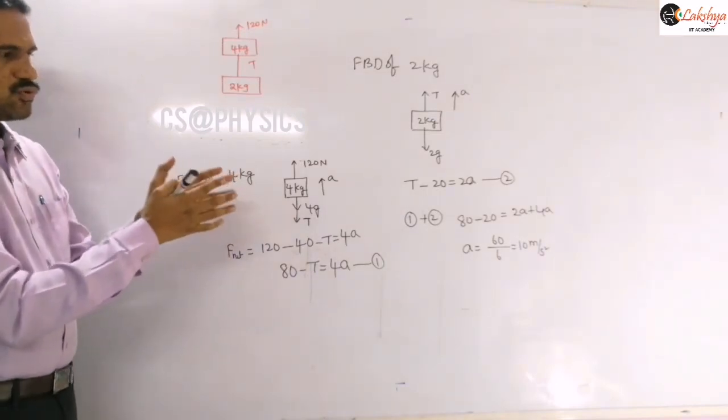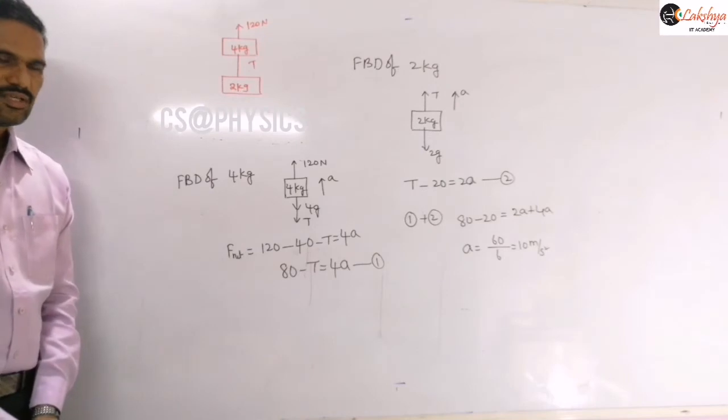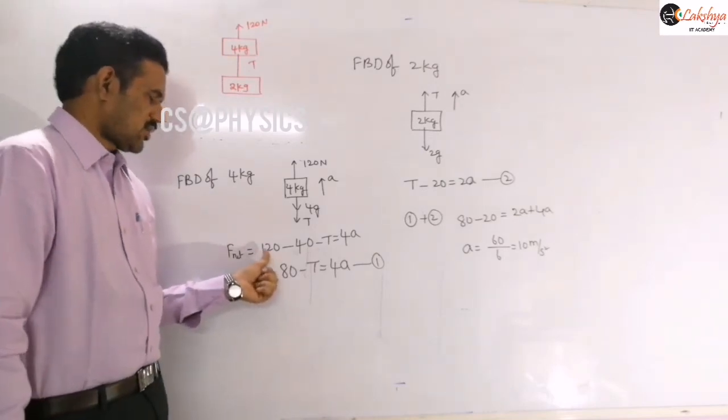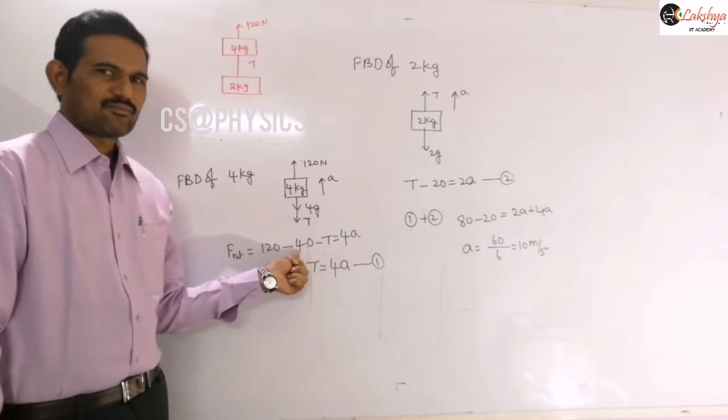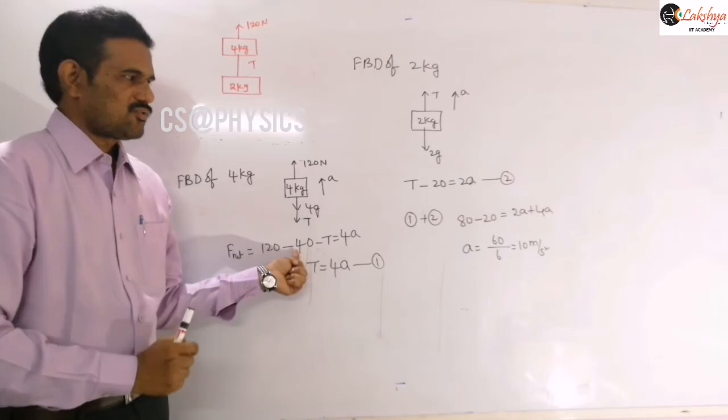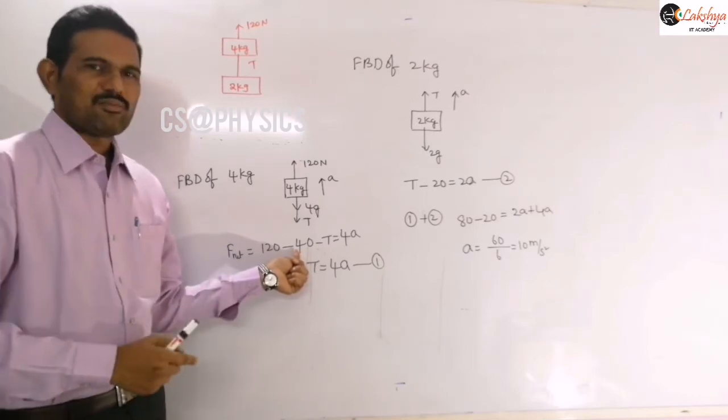And here if you observe this final equation carefully, this 80 I can write as 120 minus 40, right? So 120 minus 40 minus 20, divided by this total mass of 6 that we are writing here.